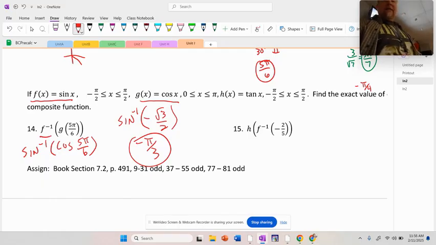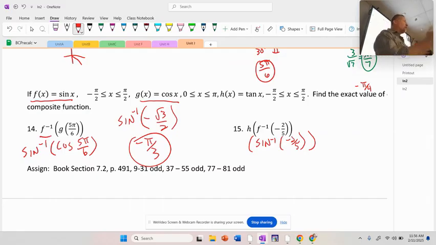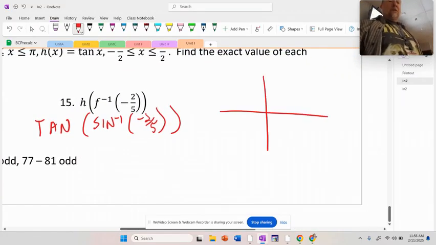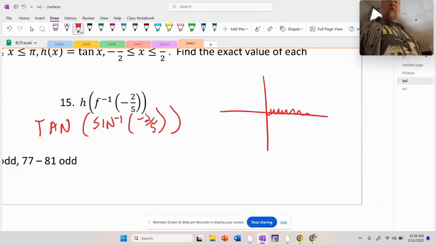So f of x is sine. So I have to inverse sine this negative 2/5. Why is this a triangle question? Because 2/5 is not 1/2, root 3 over 2, root 2 over 2, 0, 1, all the unit circle values. And h of x is tan of that. So this requires that I just go ahead and draw again. So what quadrant am I in again? For inverse sine, you're supposed to be in 4.